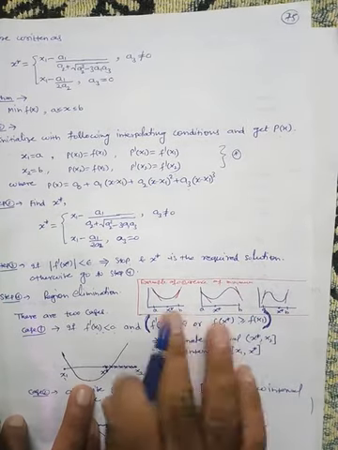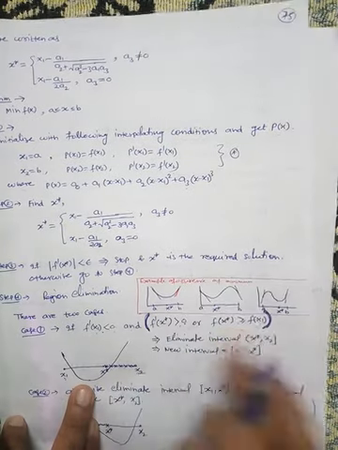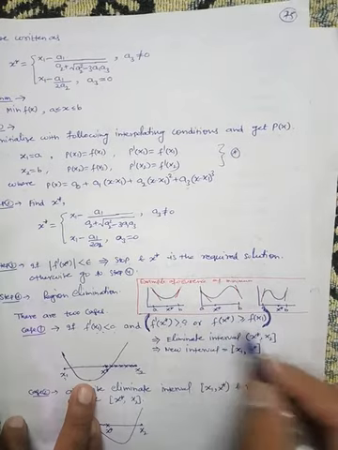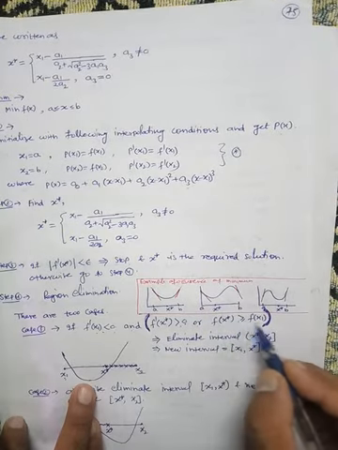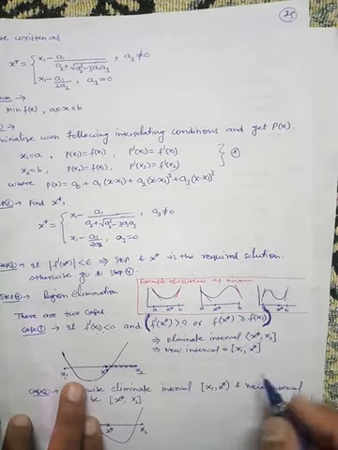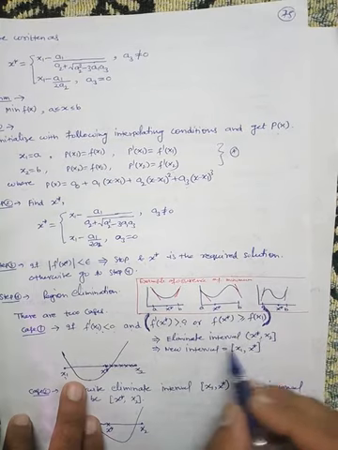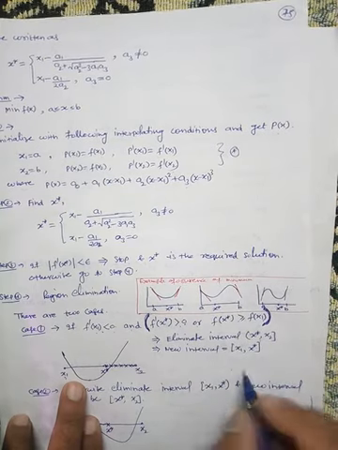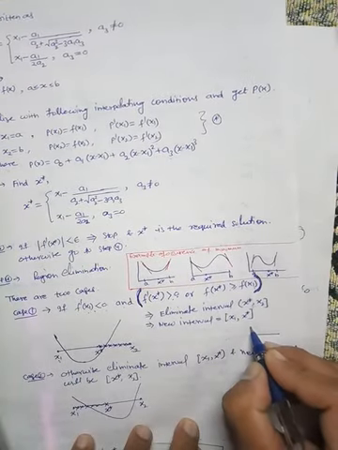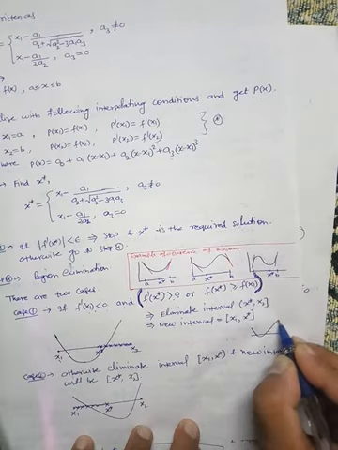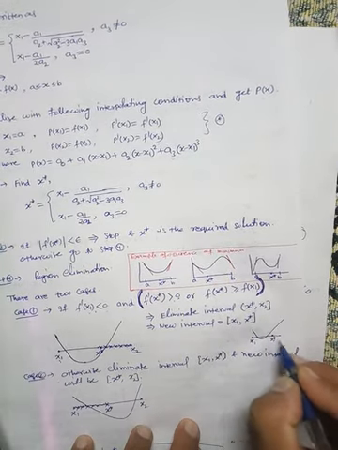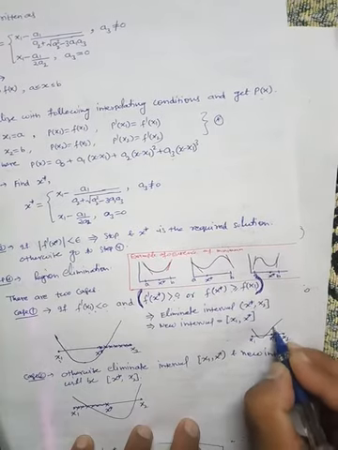Okay. Now suppose this is not the case. The third condition is that you are not comparing the derivative, rather you are comparing the values: f at x star is greater than f at x1. That means the value at x star is higher, so the curve will be like this. Suppose this is x1, this is x star, this is x2. Here the value is higher.